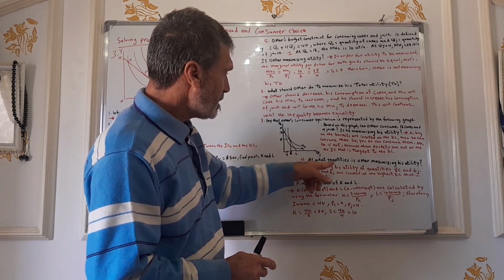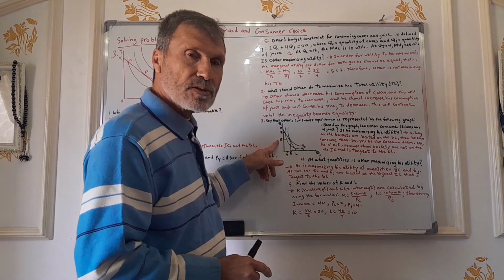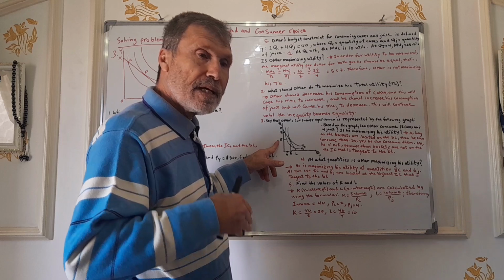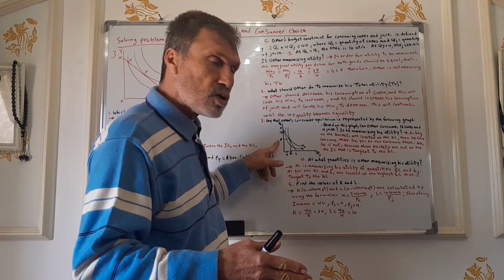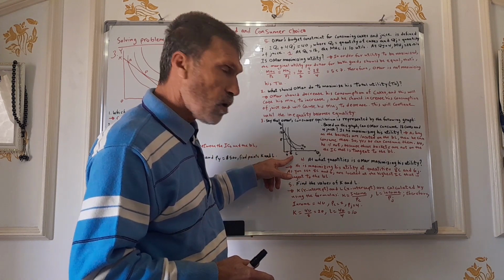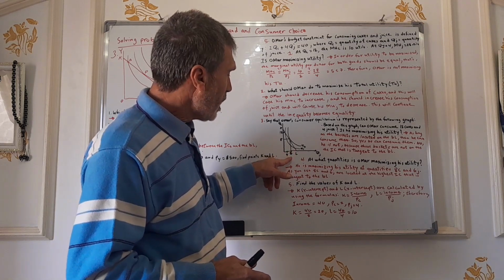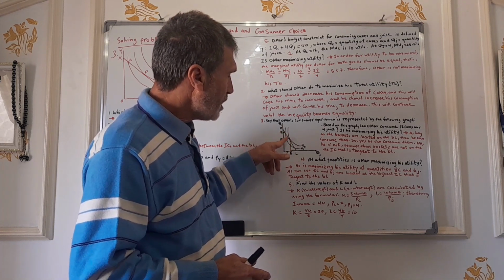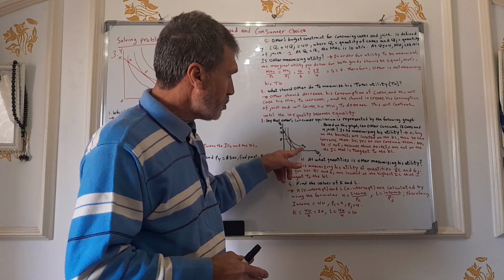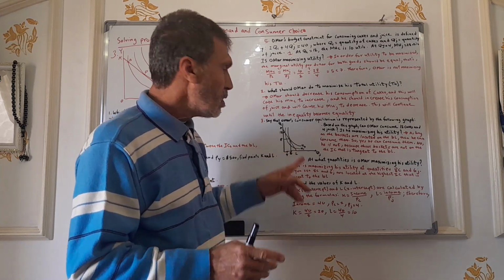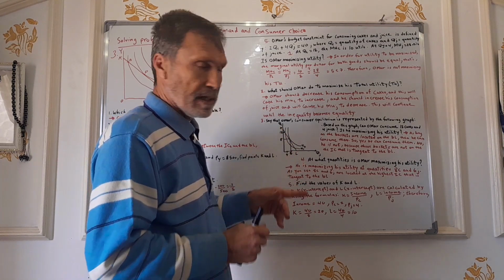So the quantities that Omar can consume, and as a result maximize his total utility, are 8 and 6. Why? Because they are located at the indifference curve U2, that is tangent to the budget line KL.